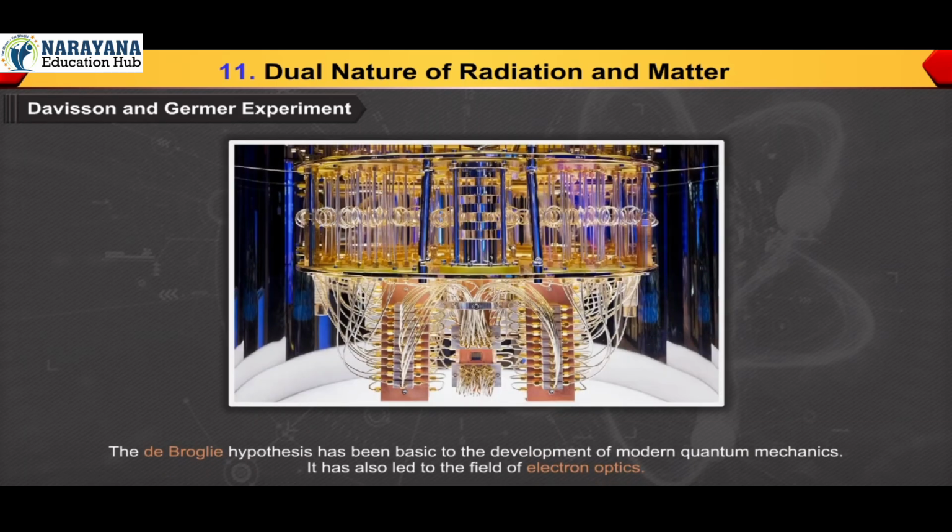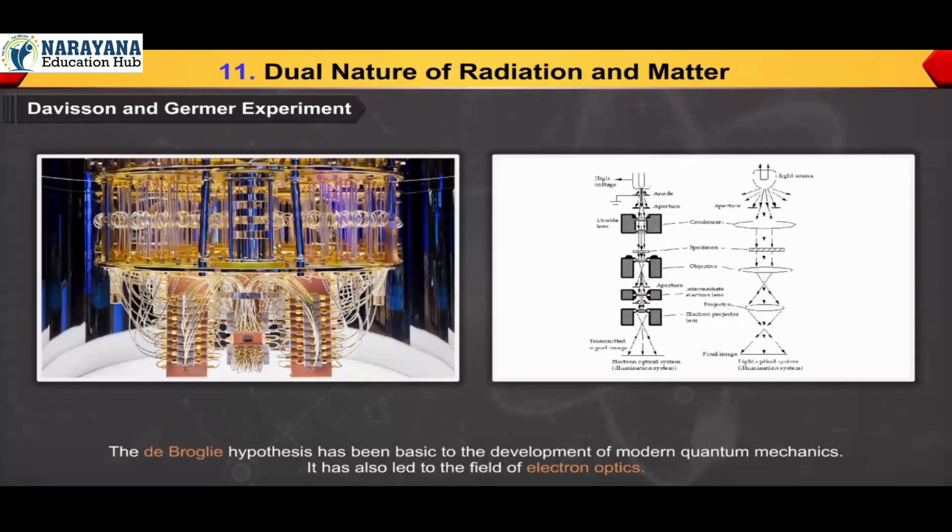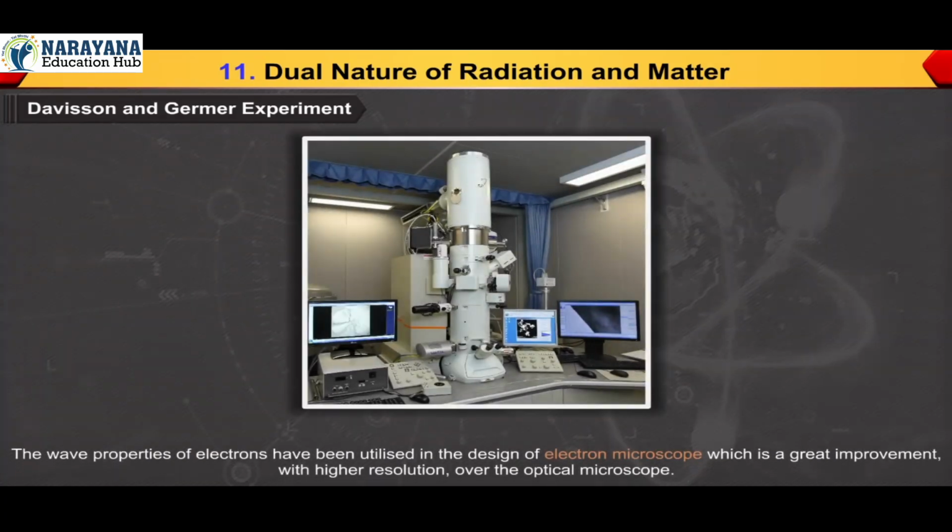The de Broglie hypothesis has been basic to the development of modern quantum mechanics. It has also led to the field of electron optics. The wave properties of electrons have been utilized in the design of the electron microscope, which is a great improvement, with higher resolution, over the optical microscope.